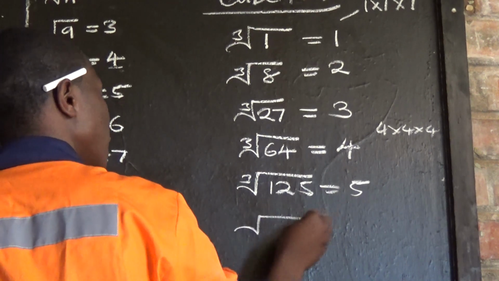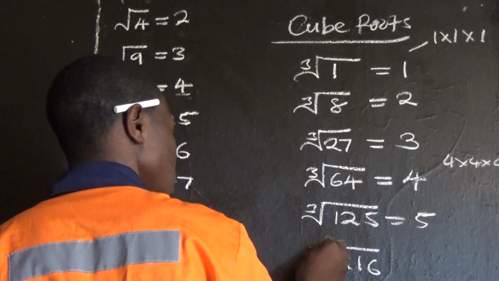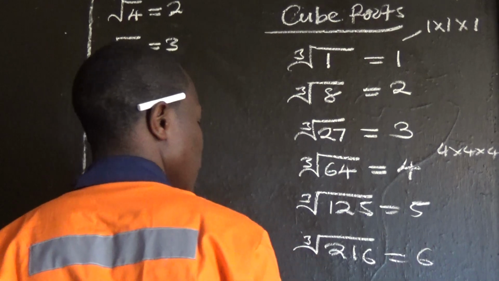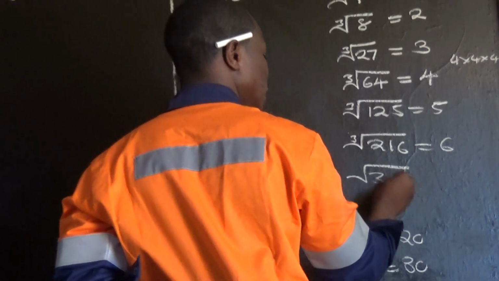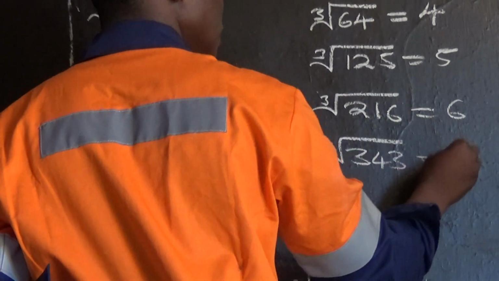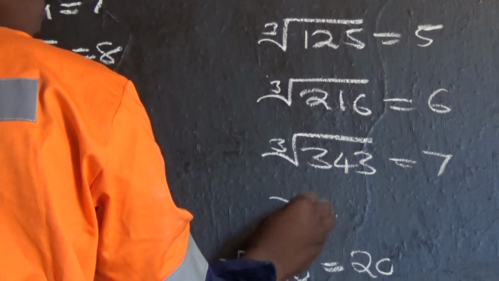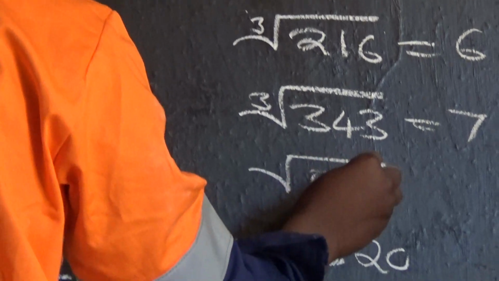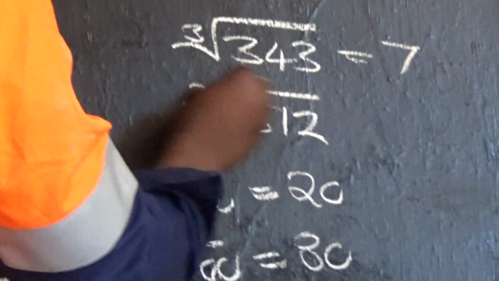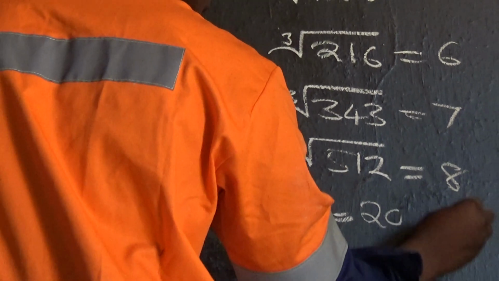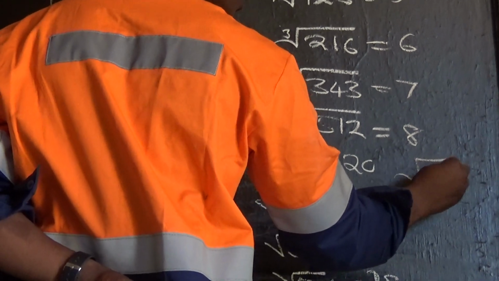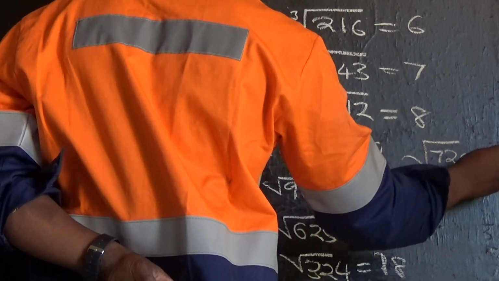The cube root of 216, which is 6. The cube root of 343, which is 7. The cube root of 512, which is 8. The cube root of 729, which is 9.